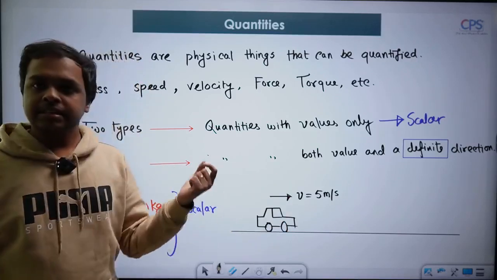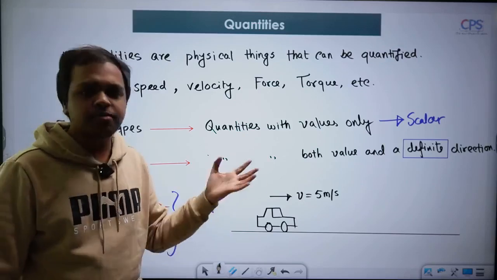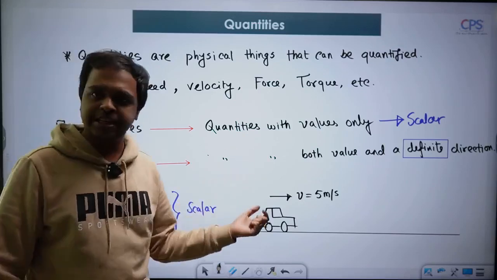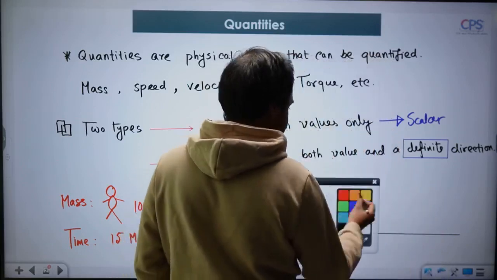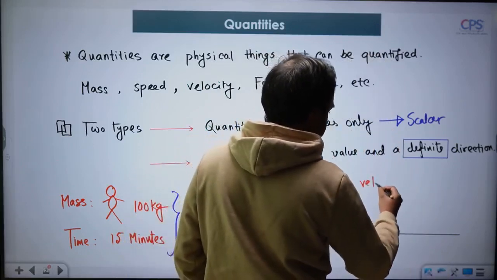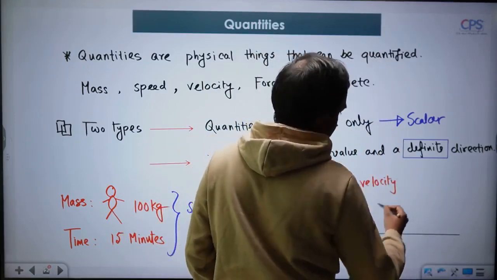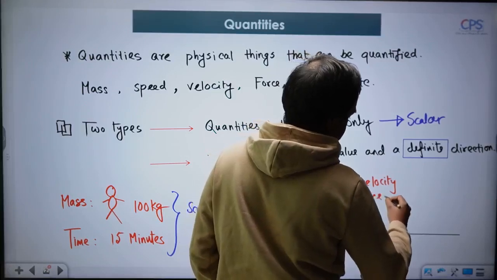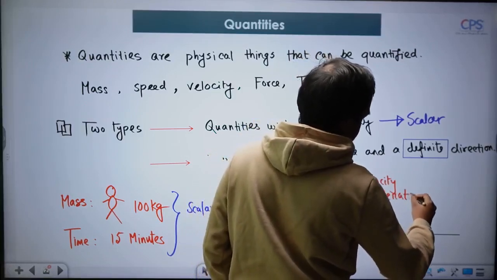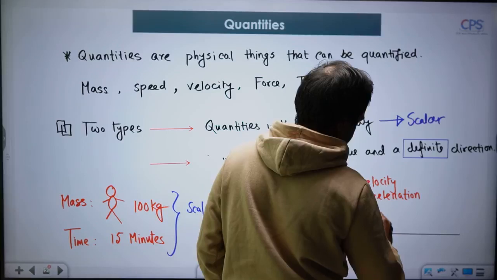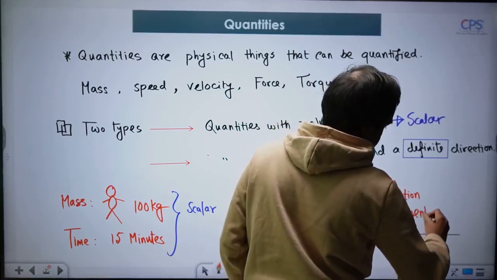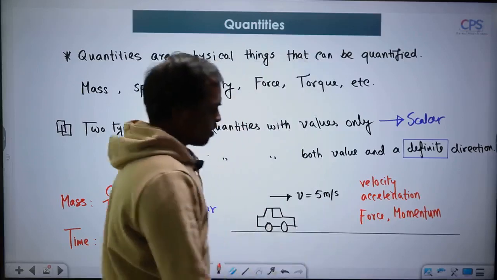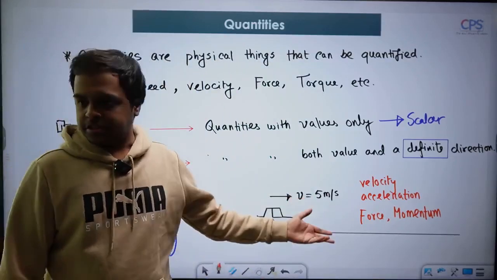Okay? And there are lots of vector quantities like velocity, like acceleration. So I am just making a note of them right now. Velocity is a vector, acceleration is a vector, force is a vector, momentum is a vector. We'll be studying each of them in the upcoming lectures.